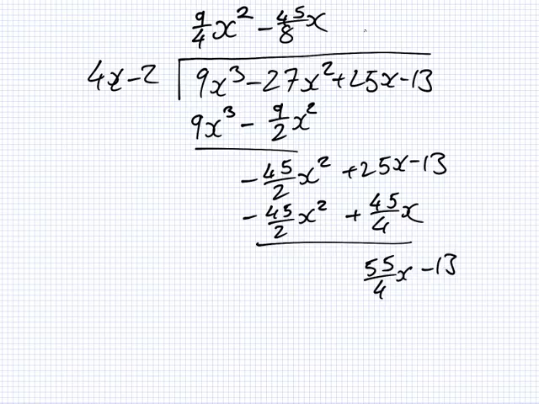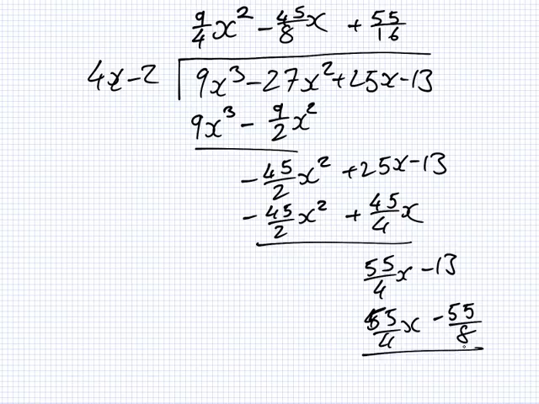So the last one is plus 55 over 16. That makes 55 over 4 x minus 55 over 8. So we definitely have a remainder at the end. Minus 193 over 8. So that's the remainder, which is not equal to 0.